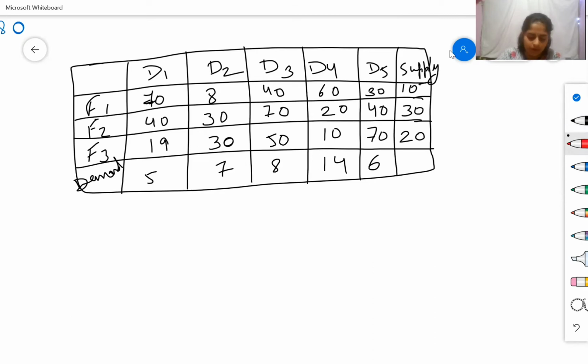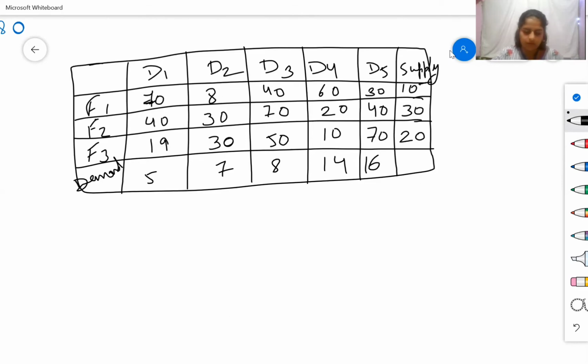Here we have 5, 7, 8, 14 and 6, which is 5 plus 8 plus 7 plus 14 plus 6. It is 16 here, not 6, it is 16.